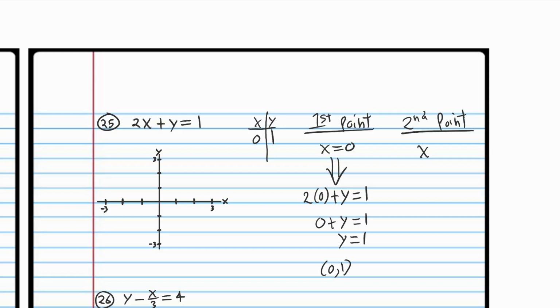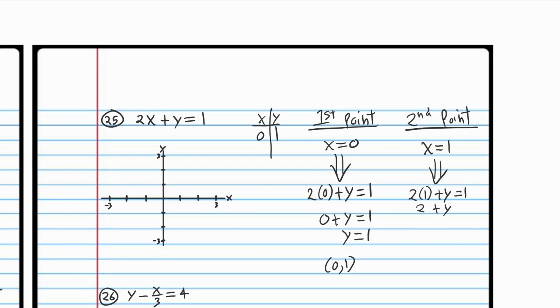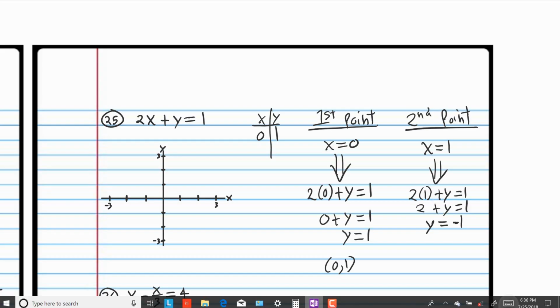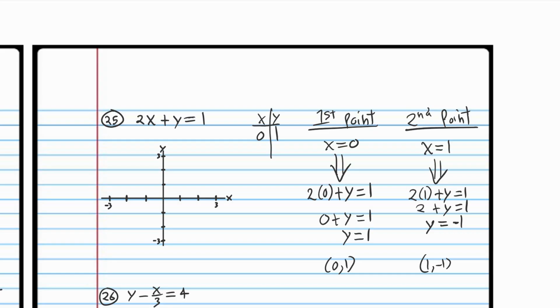All right, now let's choose 1 for x. So 2 times 1 is 2. And subtract 2 from both sides, and we get y is equal to -1. Or you could just figure that out by just looking at the equation. So our point is 1, -1. 0, 1, and 1, -1.